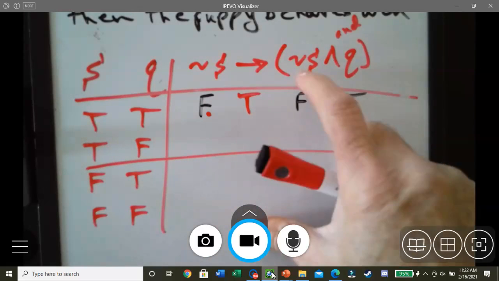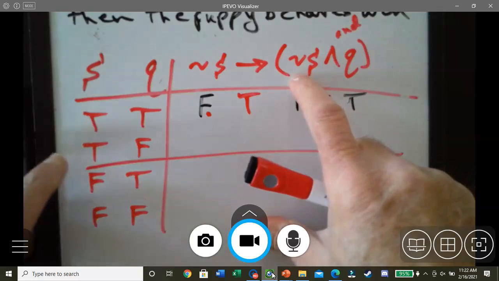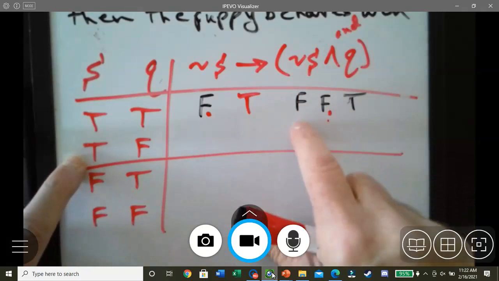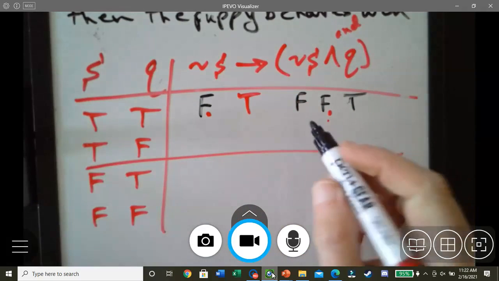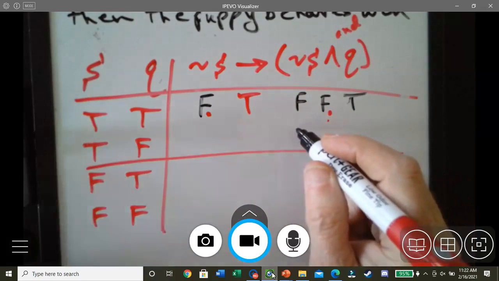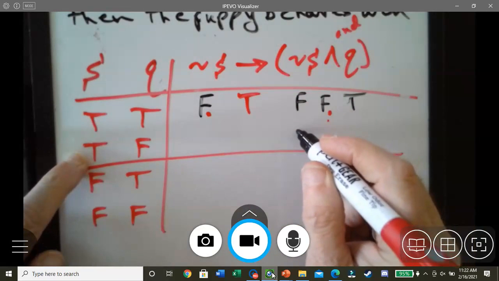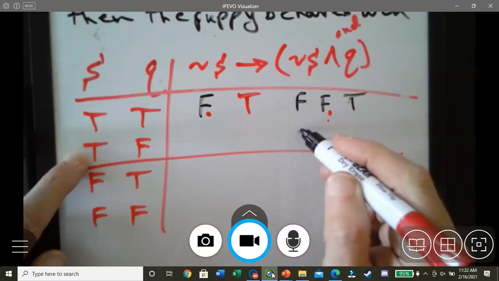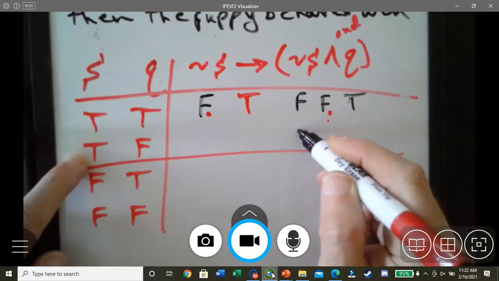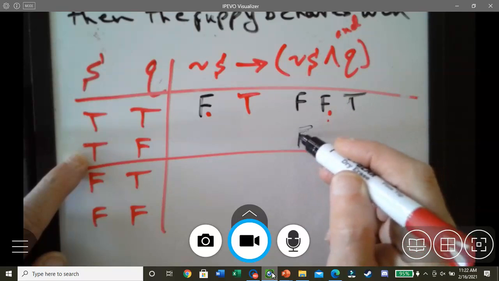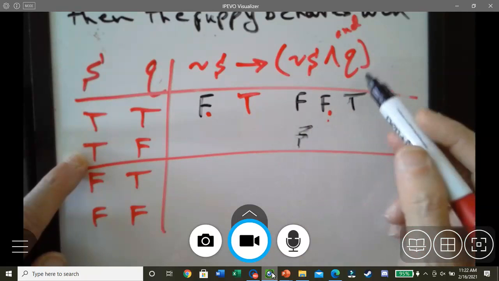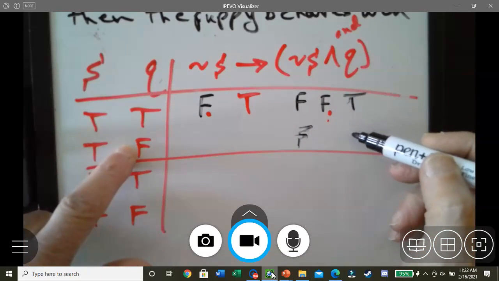All right. So let's look at this next one here. If S is true, then not S is what? True or false? False. Q is what?